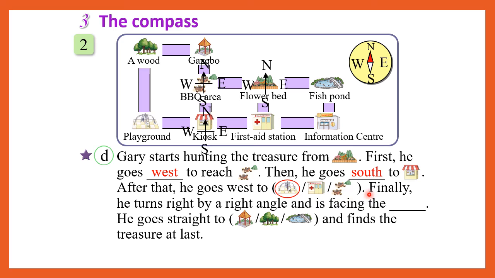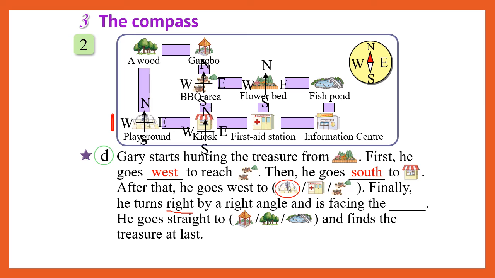So finally, he turned right by a right angle. At the playground here, you also have to draw the direction board. After Gary goes to the playground, Gary should face west.